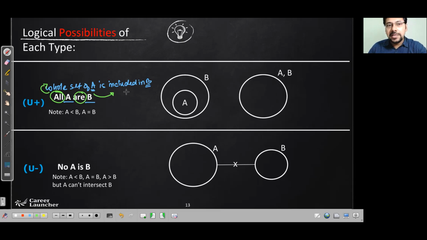Now, why do possibilities arise? Because he never tells us how the set of A is included in the set of B, and therefore it's imperative for us to consider the two possibilities of how the set A can be included in B. If you understand it thoughtfully, you will see that A as a whole set can be included in B in these two manners.